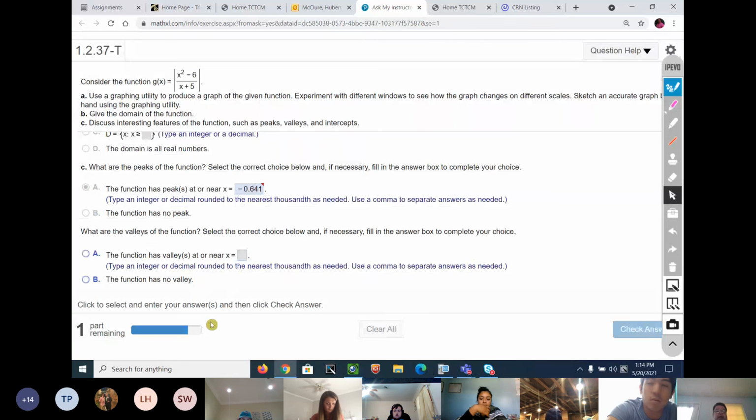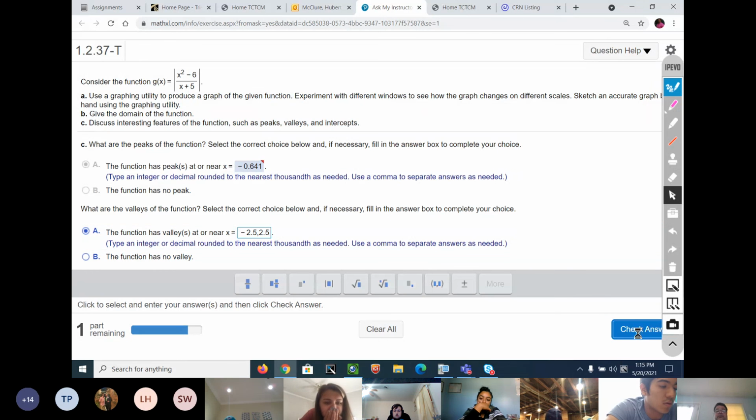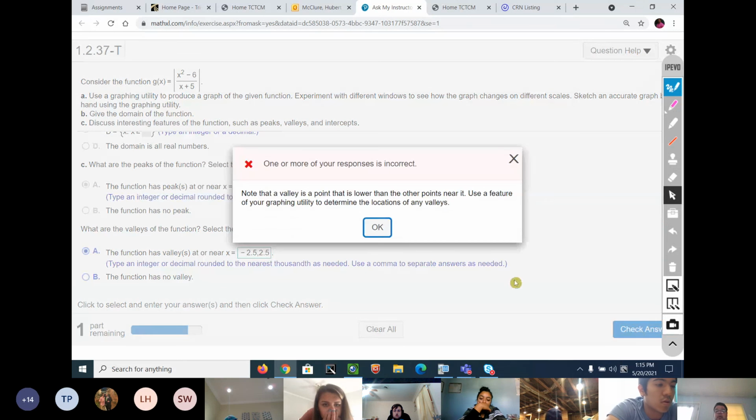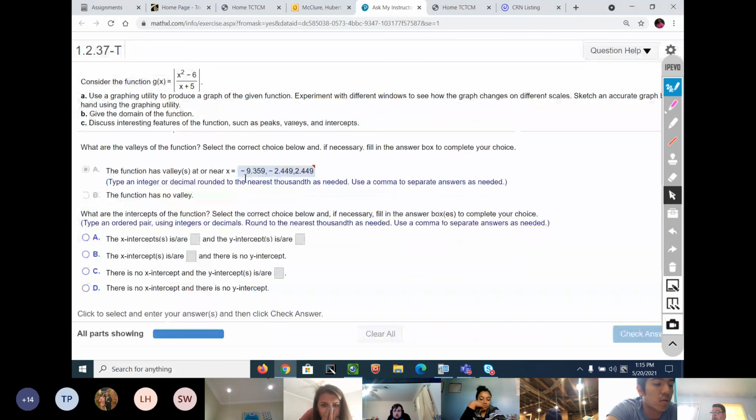The valleys is at negative 2.5 and 2.5, and they probably want parentheses. I didn't put the parentheses. Oh, I didn't see the negative 9 is probably off my screen, so you'll have to zoom out a little bit. But there's the negative 2.5 and positive 2.5.